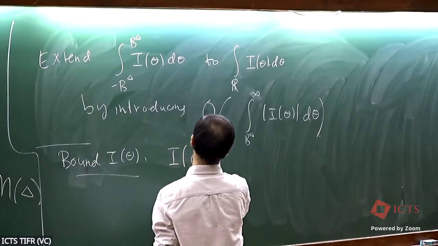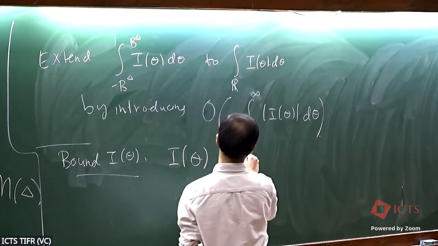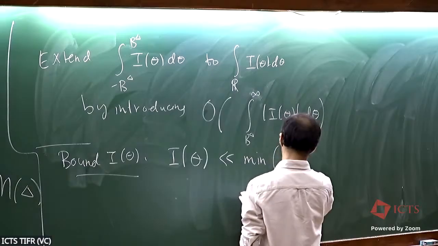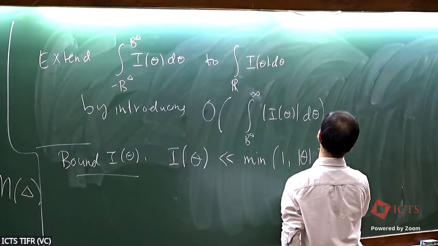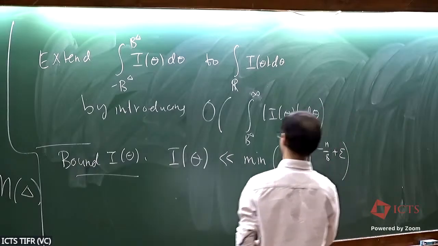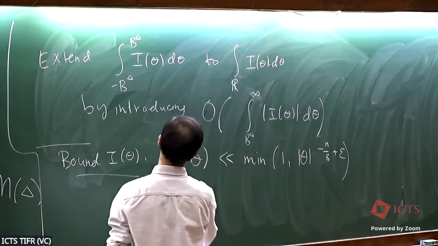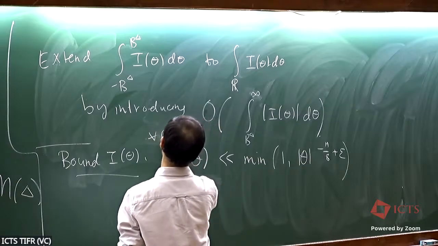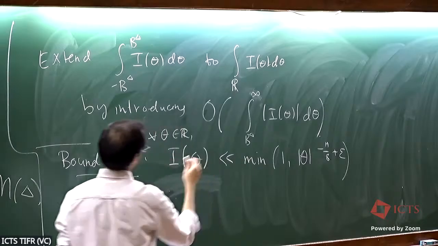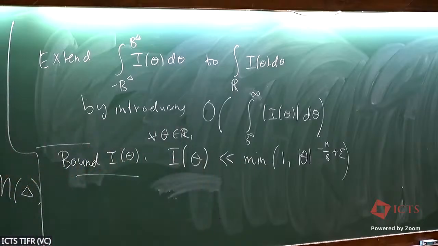I theta is actually less than the minimum of 1 and theta to the minus n by 8 plus epsilon. And this is true for every theta in R. So this is the bound that one has.